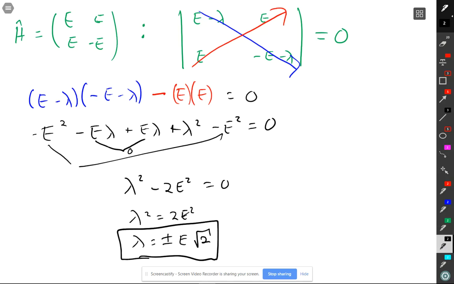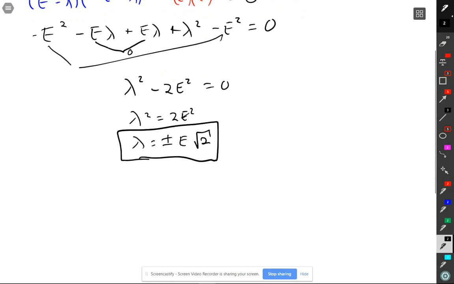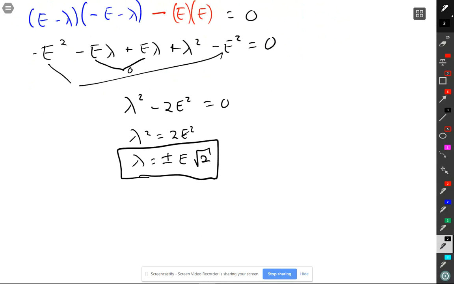If you forgot the plus or minus, you only have one root instead of 2. And we need to have both of them. So, what have we found? The eigenvalues. What are the eigenvalues for this problem?